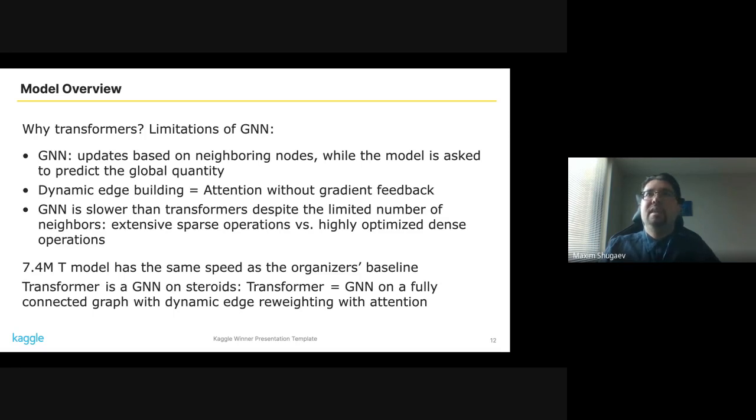For example, the organizer's baseline with 4 GraphNet blocks and 100.4 million parameters has approximately the same computational cost as a 16-block transformer with 7.4 million parameters. So we decided to go with transformers in this competition.